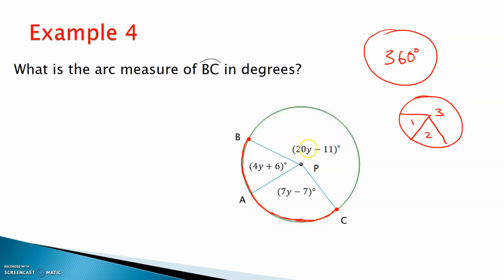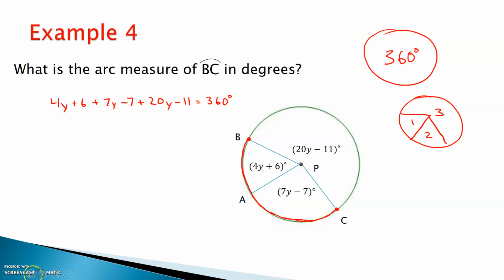Okay, well, you're going to take all these three pieces of your circle and add them together. You're going to take 4y plus 6 plus 7y minus 7 plus 20y minus 11 is equal to 360 degrees.